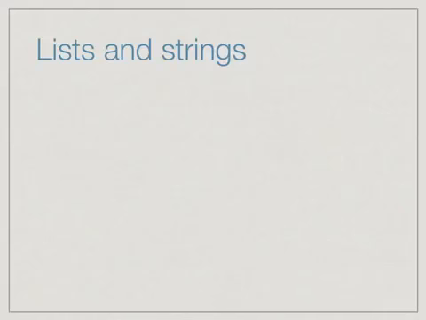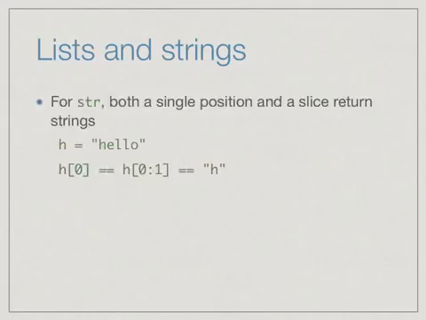So there is one difference between lists and strings in what we have seen so far. We said that there was no concept of a single character. So in a string, if we take the value at a single position, or we take a substring of length 1, we get the same thing. So if we have the string h, which has positions 1, 2, 3, 4, so that is length 5. And if we ask for the 0th position, then this gives us the letter h.